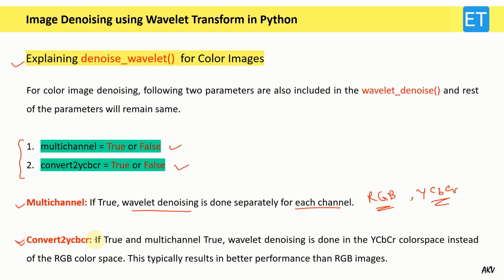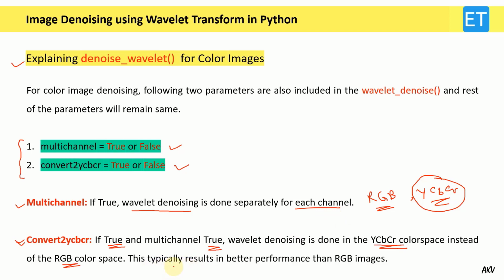Now what is convert2ycbcr? If it is true and multichannel is also true, then wavelet denoising is done in the YCbCr color space instead of RGB. The default is RGB, but if you write convert2ycbcr true, then the denoising will be done in the YCbCr space instead of RGB.